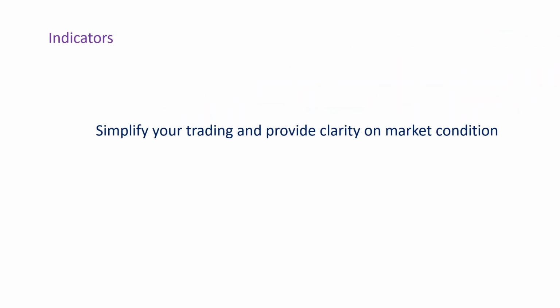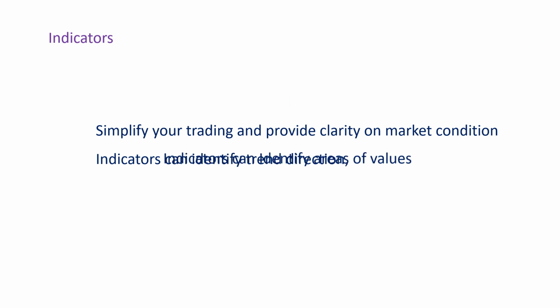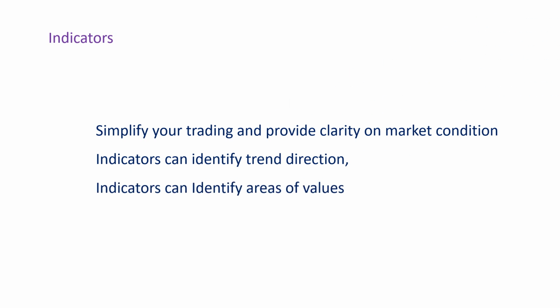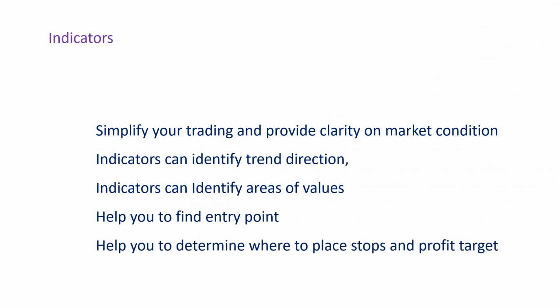Indicators can simplify your trading and provide clarity on market conditions and help you see where the price trend might go next. They can identify trend direction, areas of value, and help you find entry points and determine where to place your stop loss and profit target.